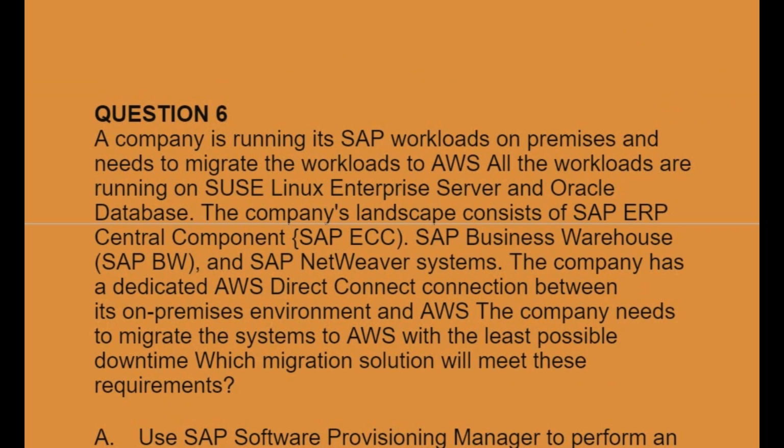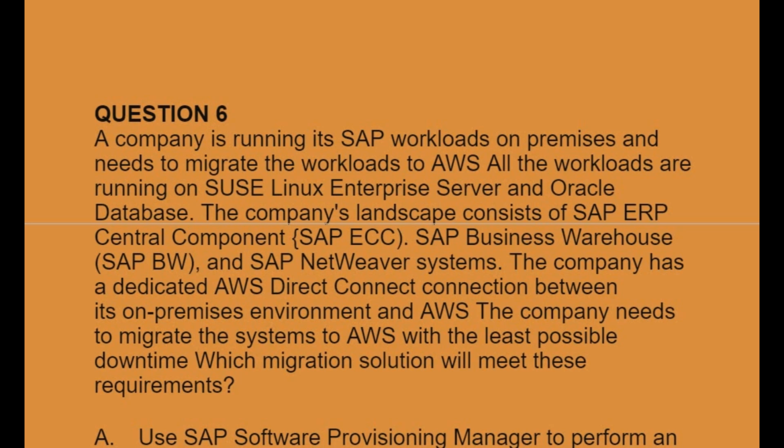Question is, a company is running its SAP workloads on premises and needs to migrate the workloads to AWS. All the workloads are running on SUSE Linux Enterprise Server and Oracle Database. The company's landscape consists of SAP ERP Central Component, SAP ECC, SAP Business Warehouse, SAP BW, and SAP NetWeaver systems.